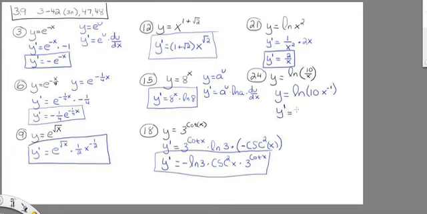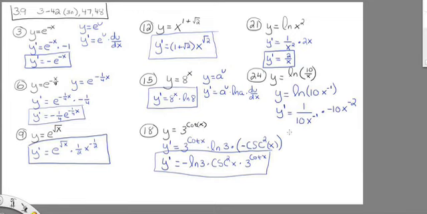So the derivative of the natural log is going to be 1 over whatever's inside of natural log. So that's it. And then times the derivative of the inside, which is going to be a power rule. So the negative 1 comes down, gives me negative 10x to the negative 2.